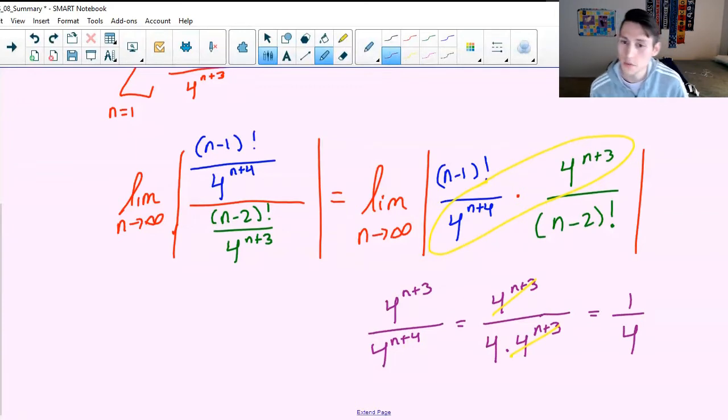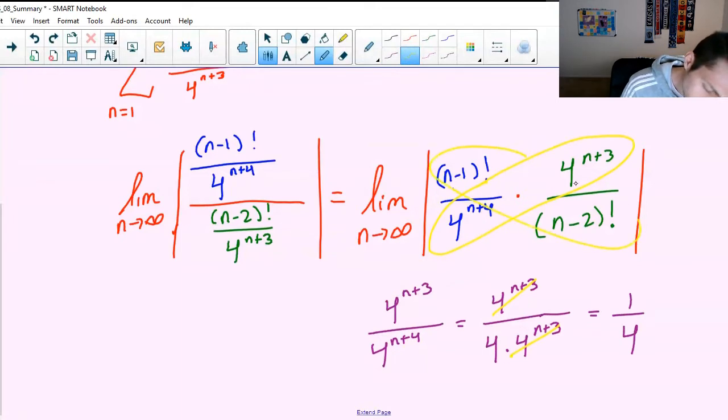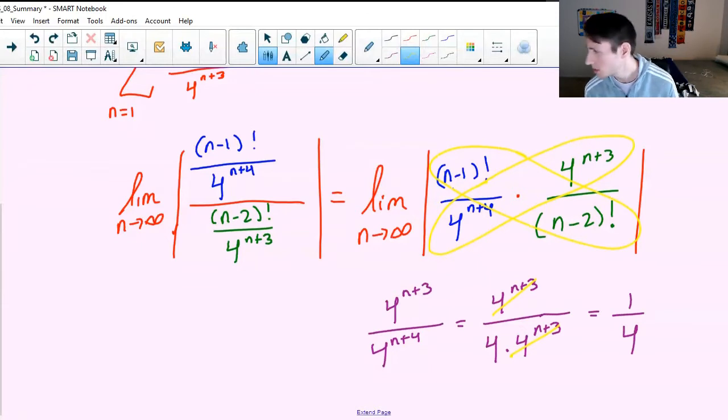Now, let me also think about doing this simplification. Let me be clear, when I'm circling these in the yellow, I'm not cross multiplying. I'm just showing these are the groups of things that we're simplifying.